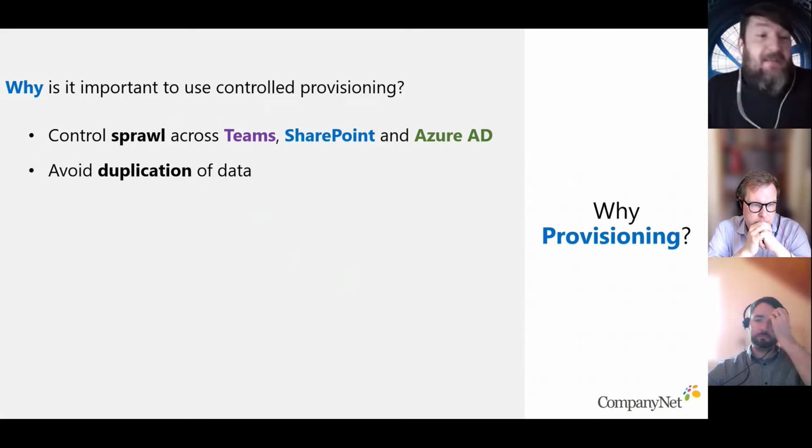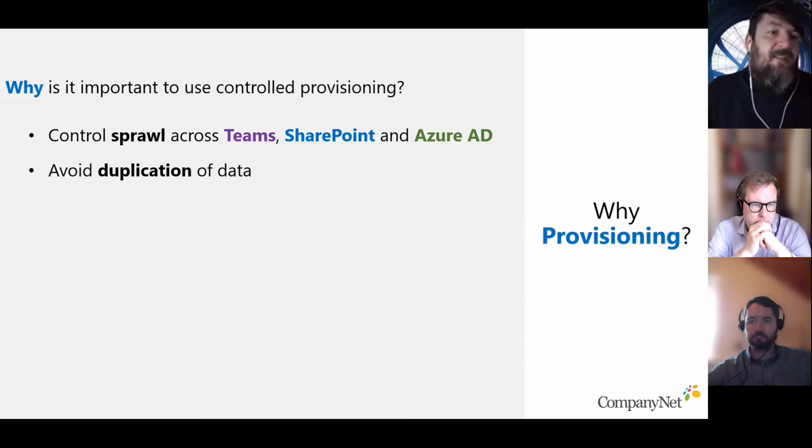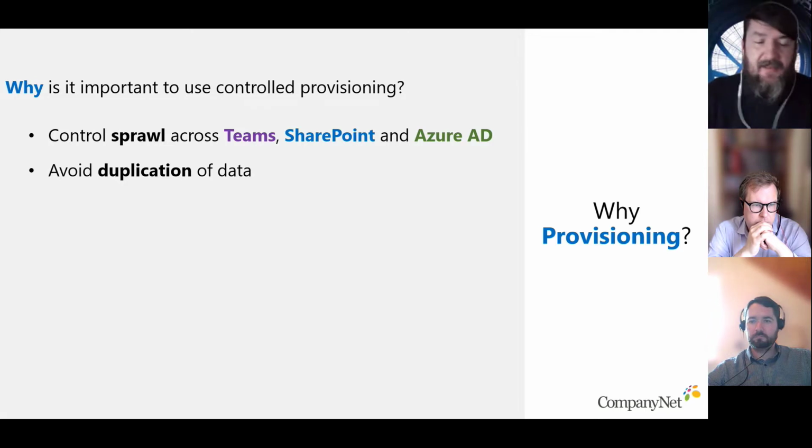Maybe it's got the same data in there, the same things are being shared, the same things are being talked about. And if you magnify that by 10, 20 times, depending on how big your organization is, it's really key that's avoided at all avenues. So again, this plays back into controlled provisioning and controlled management of those entities. Things like naming conventions and policies, retention, and sensitivity policies all need to be factored into this provisioning model from the get-go, or when you're reining things in a bit.